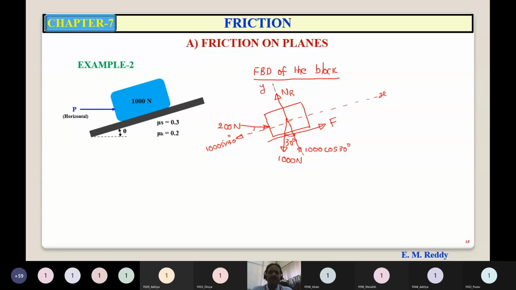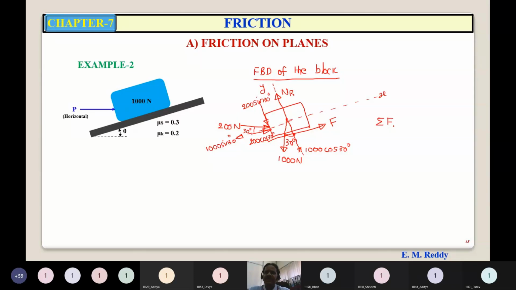This 200 is making an angle of 30 degrees with the x-axis. Resolving it into x and y components, we have 200 cos 30 and the y component is 200 sin 30.